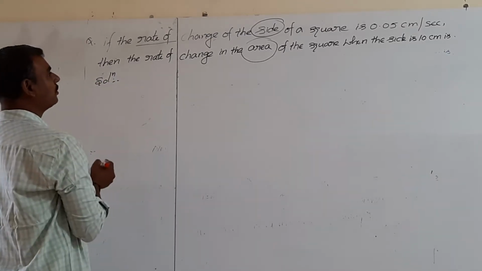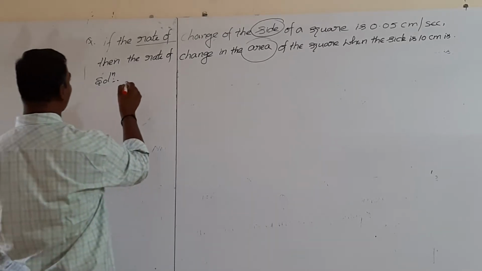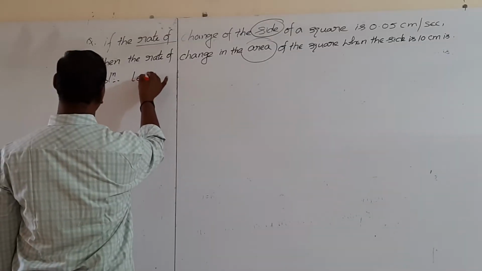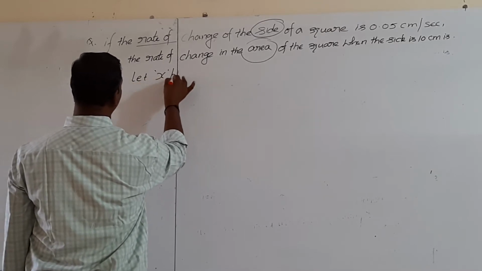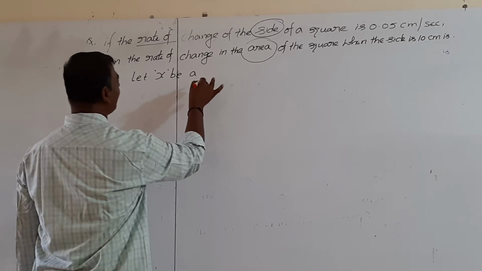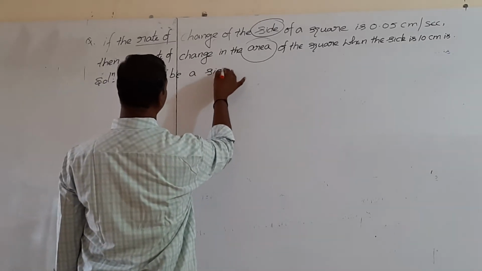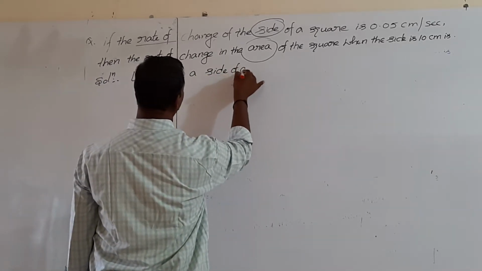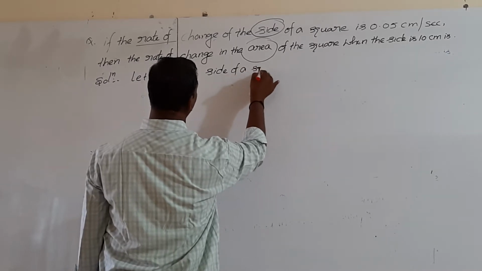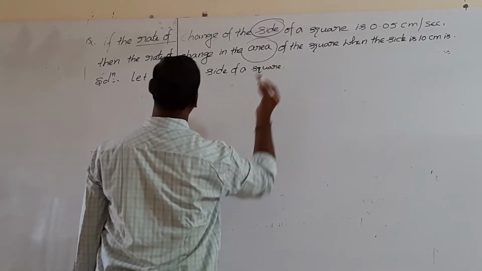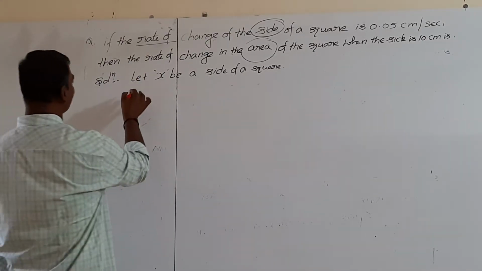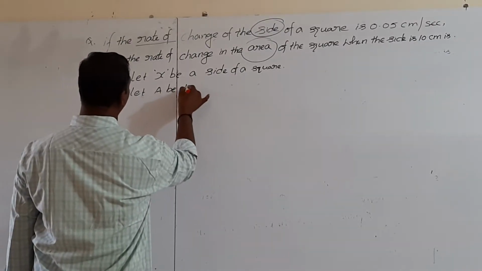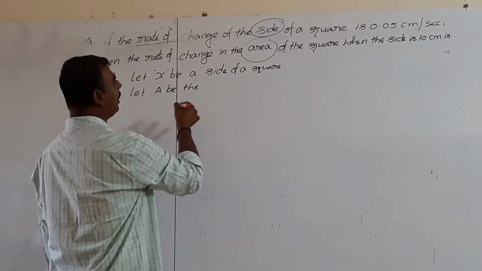To solve this problem, firstly we consider the side of a square. Let x be the side of a square, and let A be the area of a square.